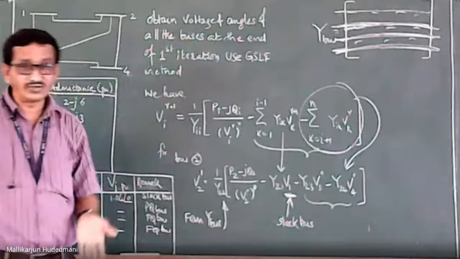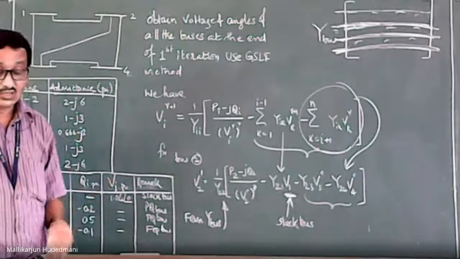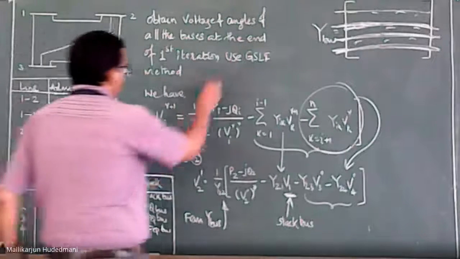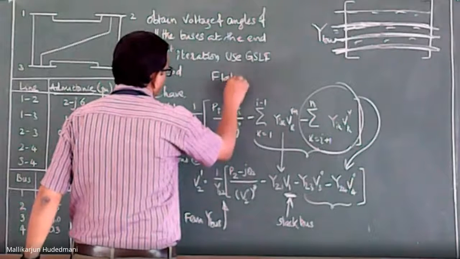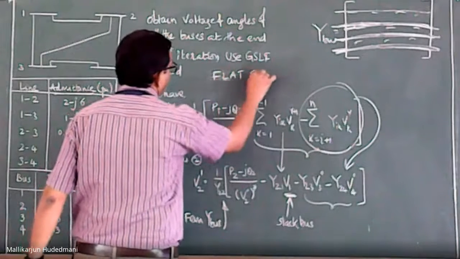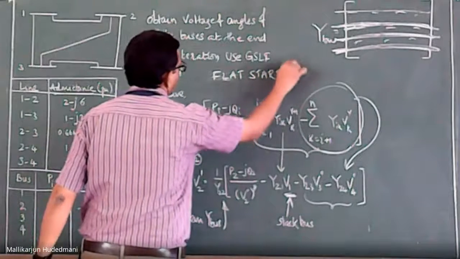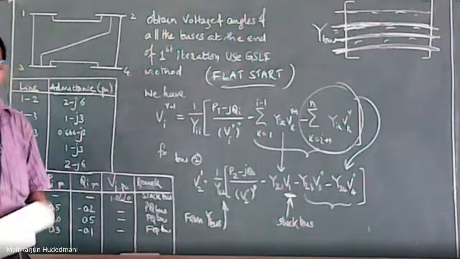Then, what is your reference point? How do you begin? I said in the discussion of the flow chart that usually the method called flat start is chosen. What do you mean by flat start?